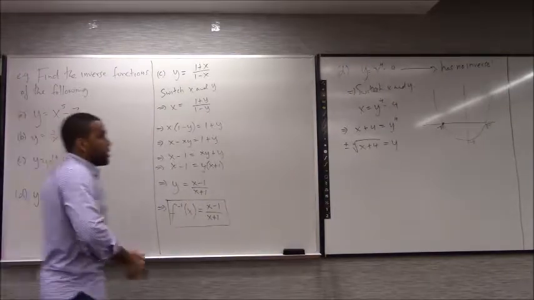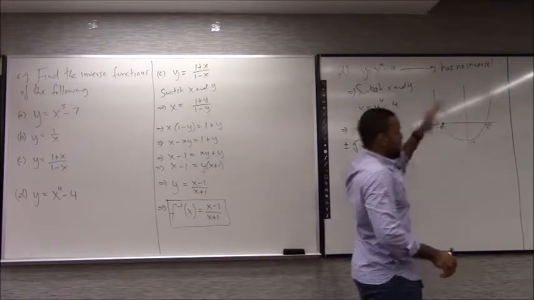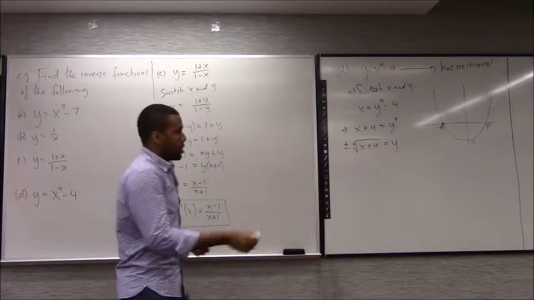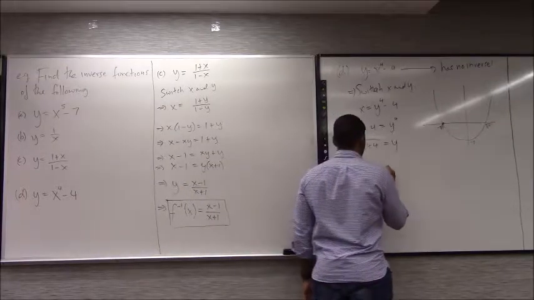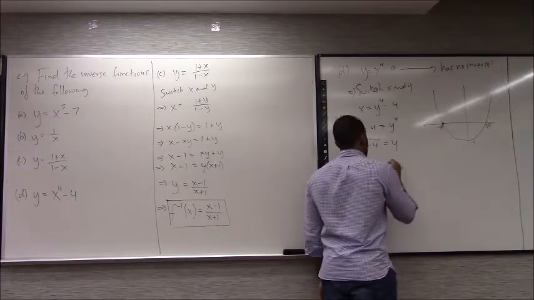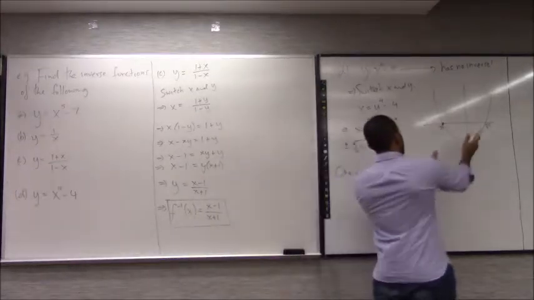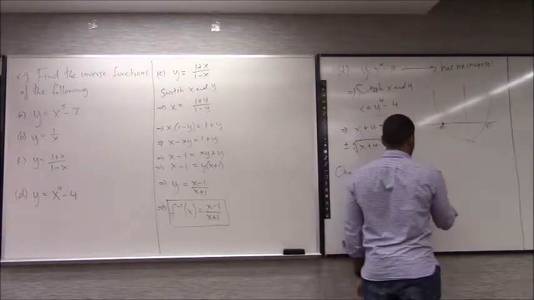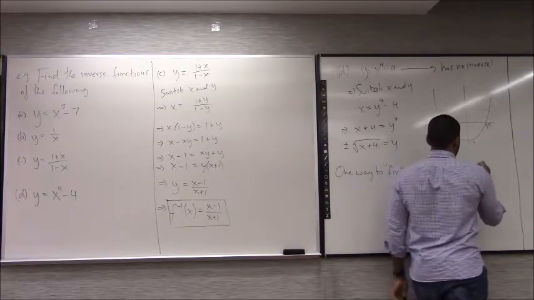I can literally just cut off a piece of this function and only keep a part that I care about that will pass the horizontal line test. Well, you can't really fix it, but sometimes you don't care about everything. Sometimes you might not care about the negative part of a function for some reason. It's called restrict the domain.